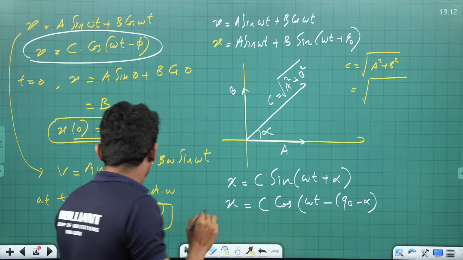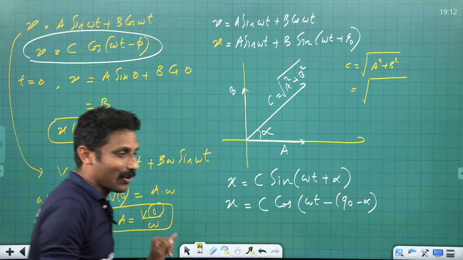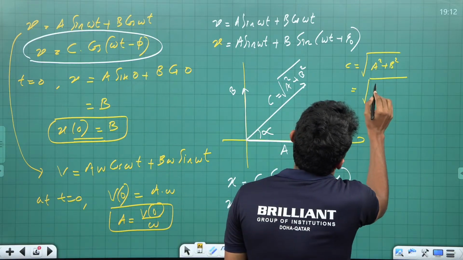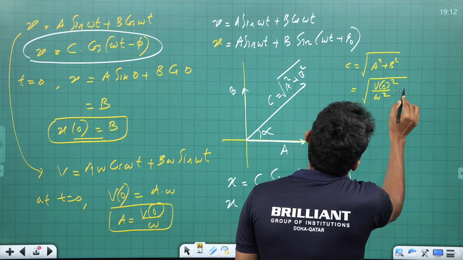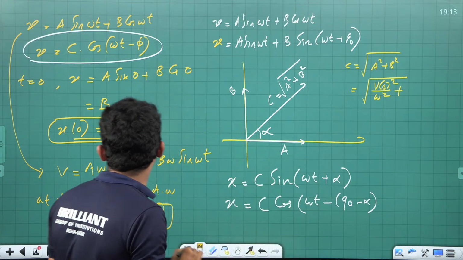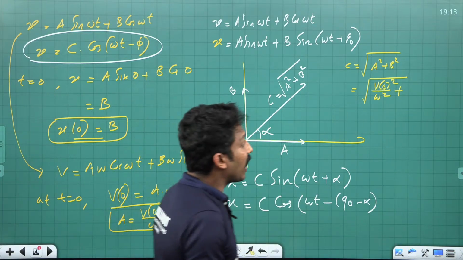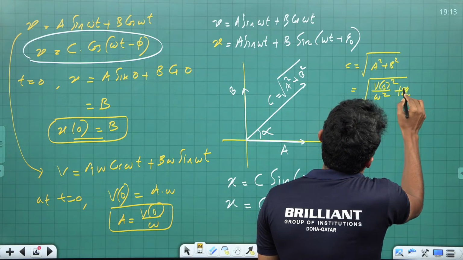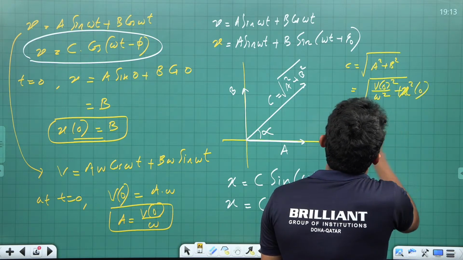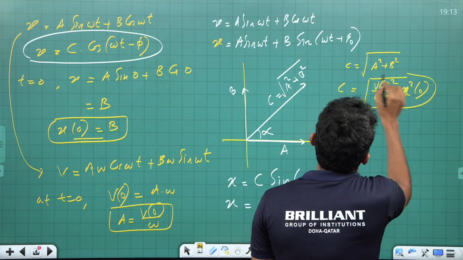A is V of 0 by omega, its square is V of 0 square divided by omega square, plus B is x of 0, its square is x square of 0. This is the C value obtained.